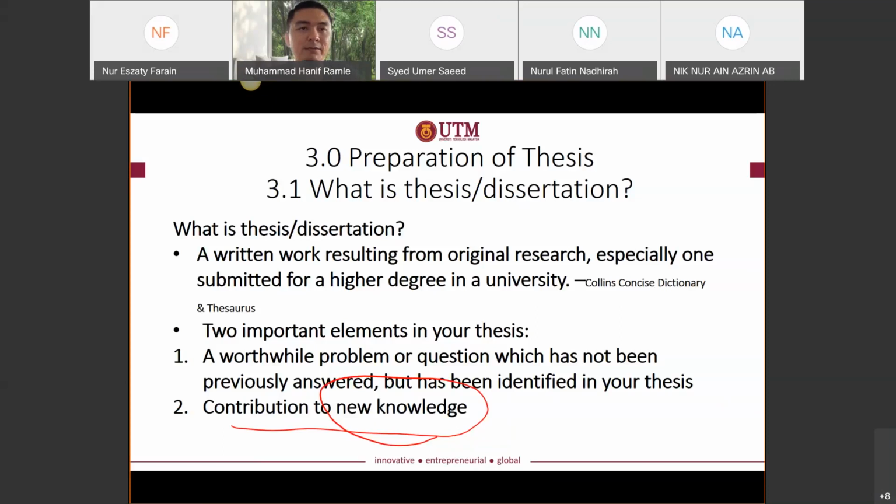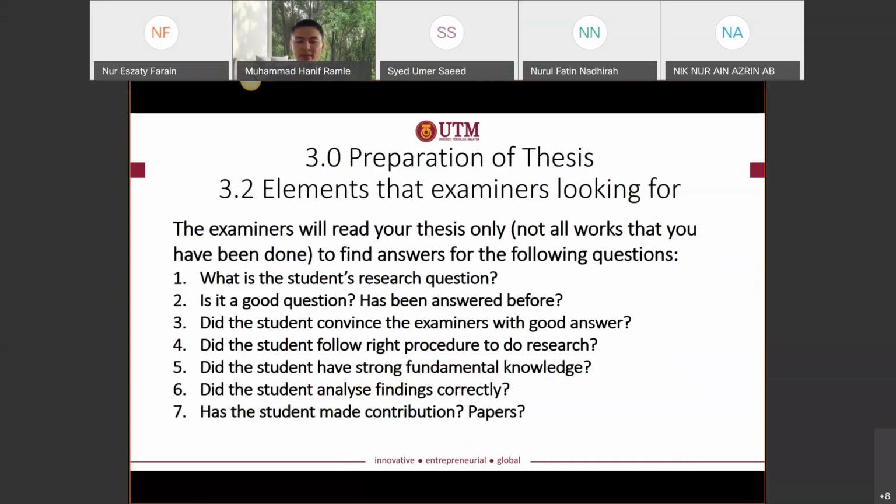If the panel sees that you already published 5 papers in Q1, no doubt at all, your research is very important and contributes to knowledge. So these are the elements the examiner looks for in the thesis. And of course the examiner will read your thesis only.